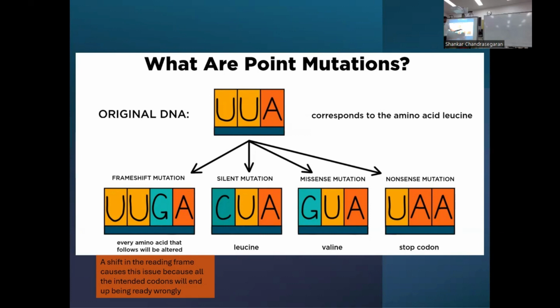And a nonsense mutation is when it codes for a stop codon instead of a normal amino acid, and that is more often going to be deleterious because it's stopping the translation of that mRNA into a protein where it's not supposed to happen.